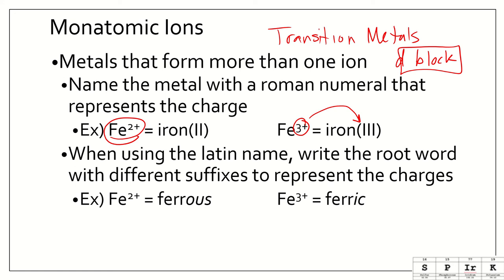Now there are also Latin names, and these we won't discuss too much. I just want you to see them because you may see them if you're looking something up online. So when using the Latin name, you write the root word with different suffixes to represent the charges. Iron is Fe.